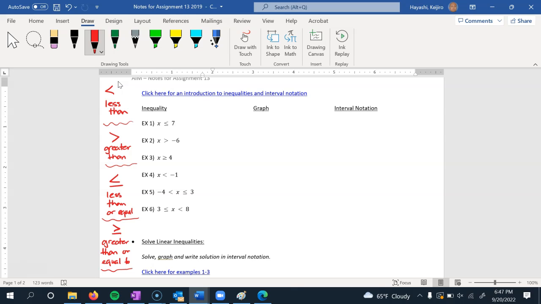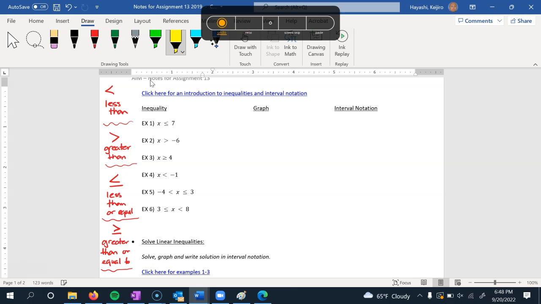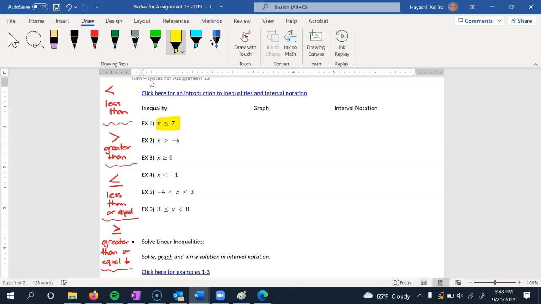Okay. So, knowing that these are what the symbols are called, how would you read example 1 out loud? Yeah. So x is less than or equal to 7.